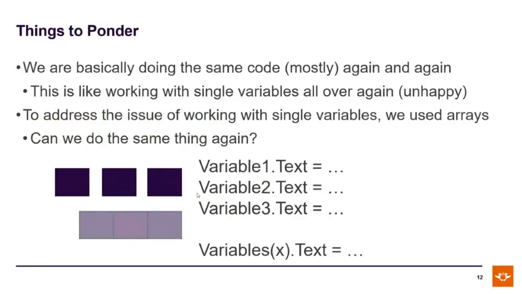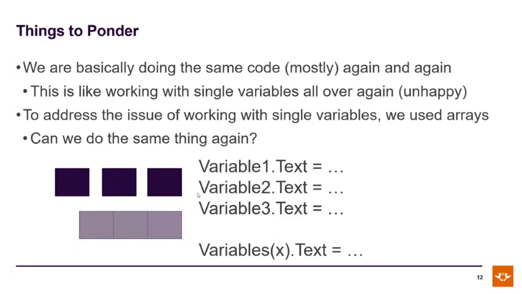So, what are we looking at? So let's look at it from a graphical viewpoint. We are basically doing the same code mostly again and again. This is like working with single variables all over again. And how many of you liked the traffic light example? I'm assuming you did the traffic light example in 1A. We had to keep track of every single grid or every single block in a single variable instead of using an array.